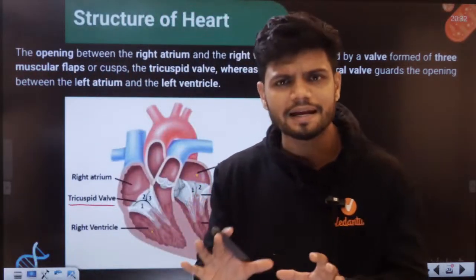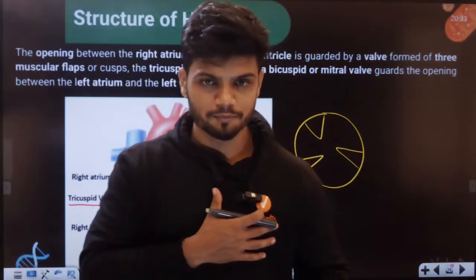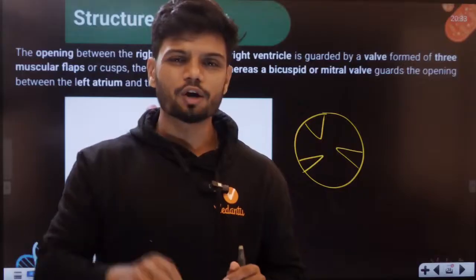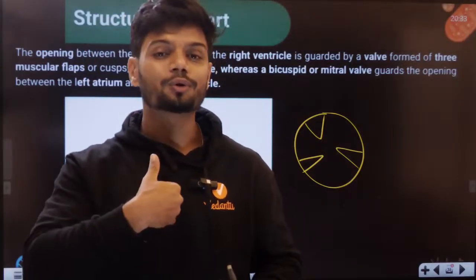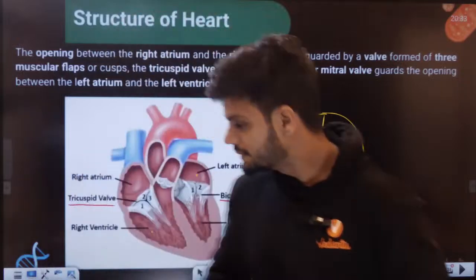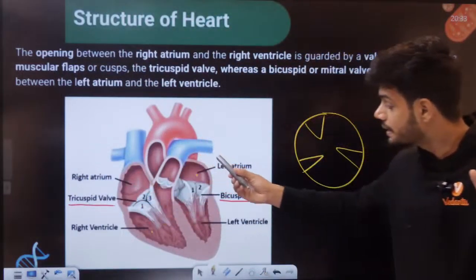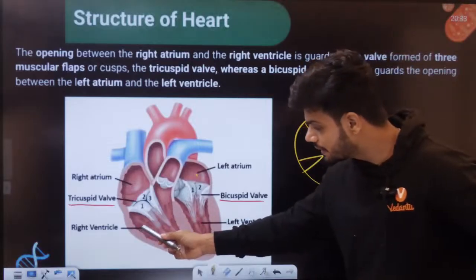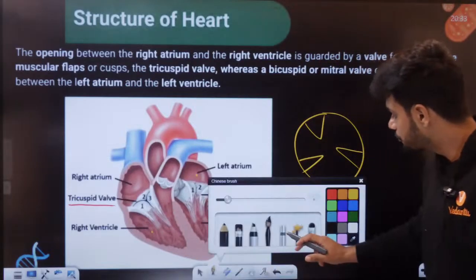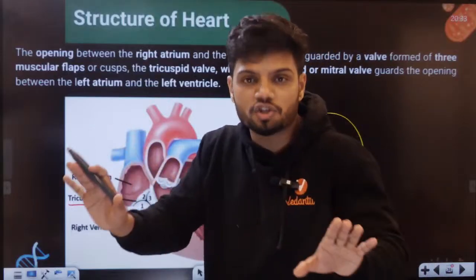So what did we learn right now? Heart is a muscular organ, the size of a fist. It is present in the thoracic cavity but tilted a little towards the left. There are four chambers: right atrium, left atrium, right ventricle, left ventricle. Each chamber is separate from the others.